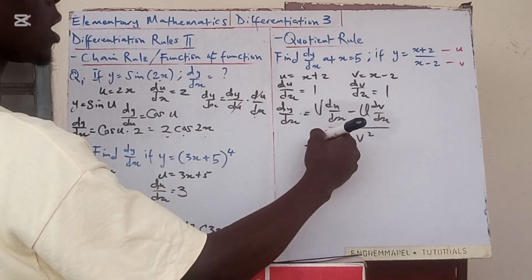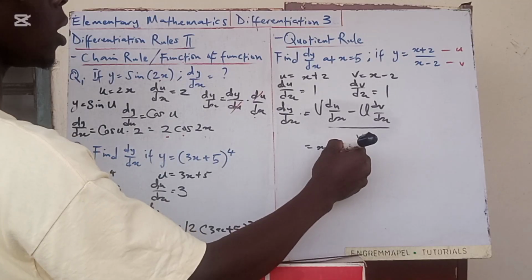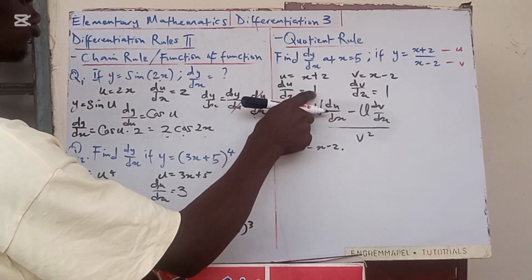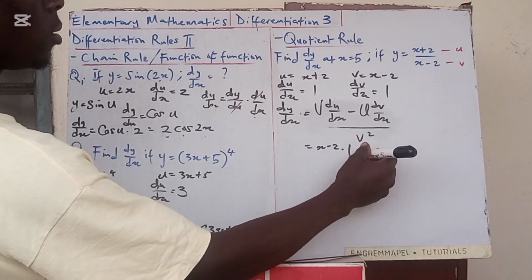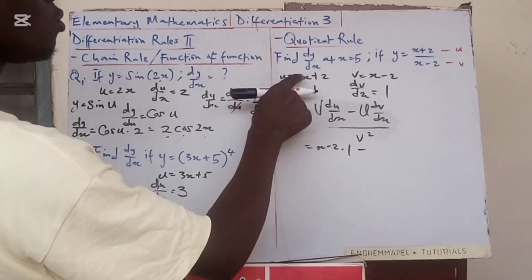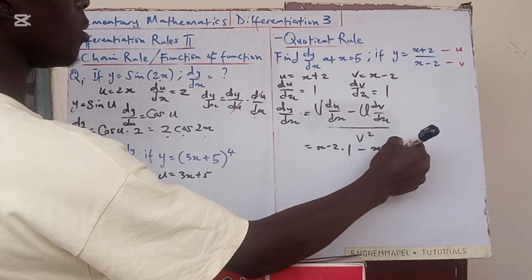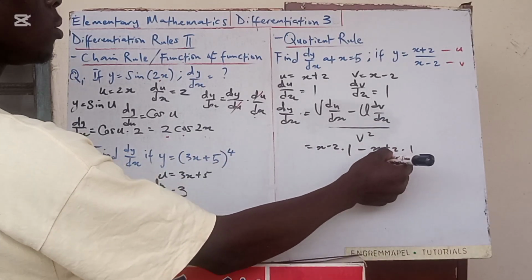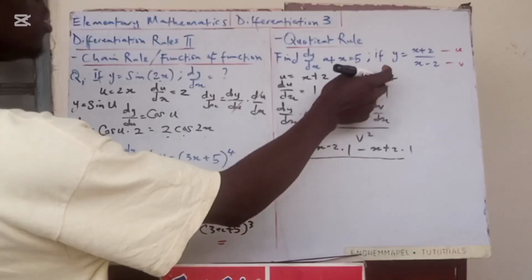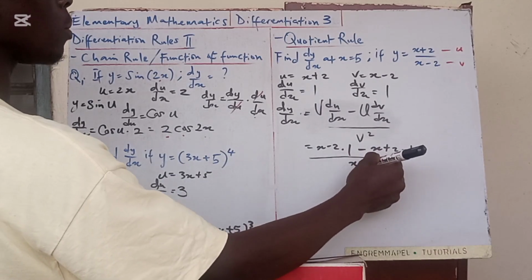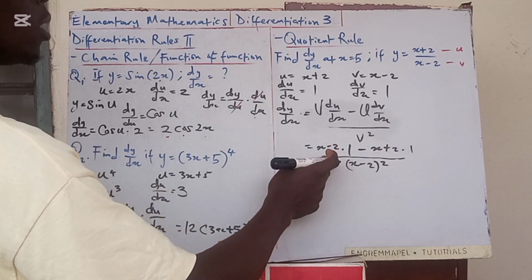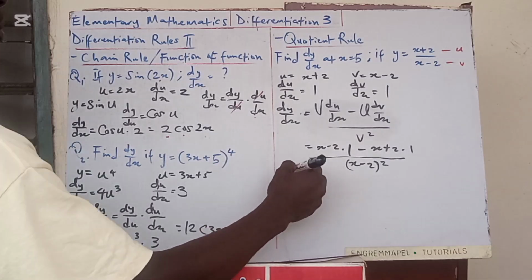Your v is x minus 2, multiplied by du/dx, which is 1. Then minus your u, which is x plus 2, multiplied by 1, because dv/dx is also 1. So divided by your v squared, which is this (x minus 2) squared. And from there you can move on.